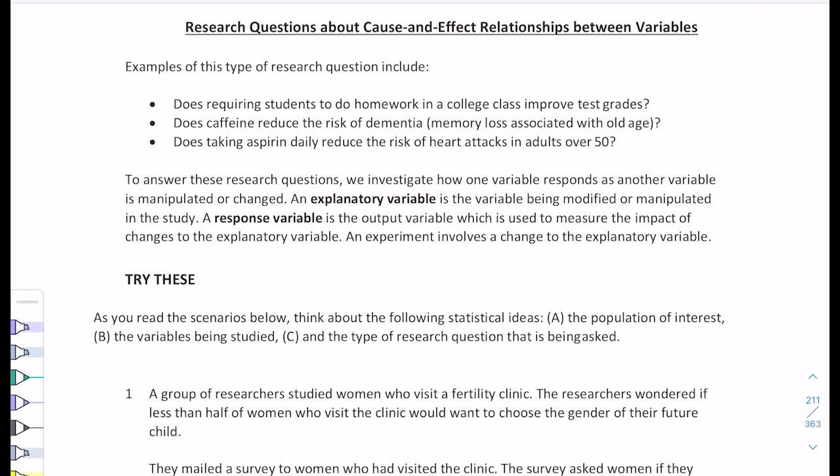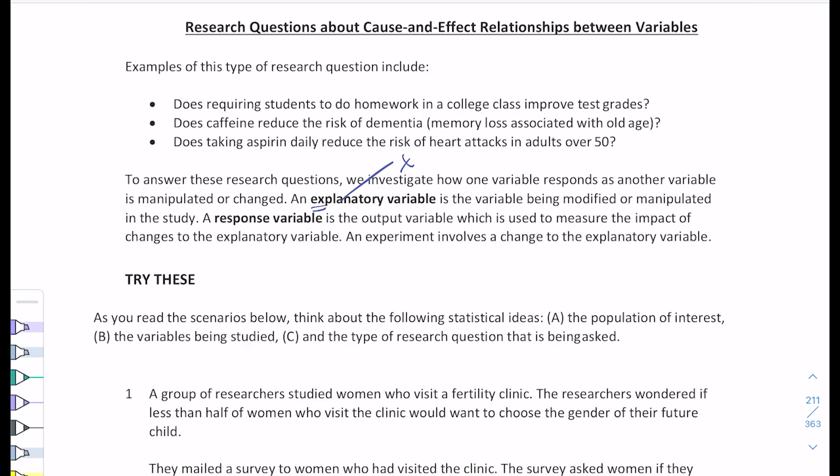To answer those questions, we want to investigate how one variable responds when another one is manipulated or changed. The variable that we're changing is called the explanatory variable. Think of that as your x. It even has the prefix ex in it.